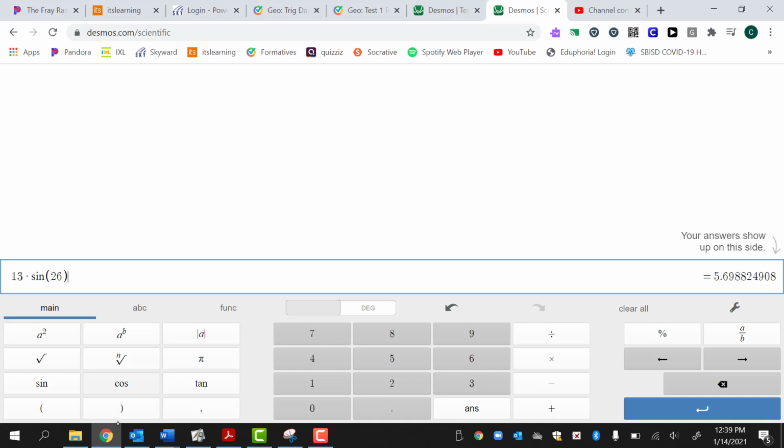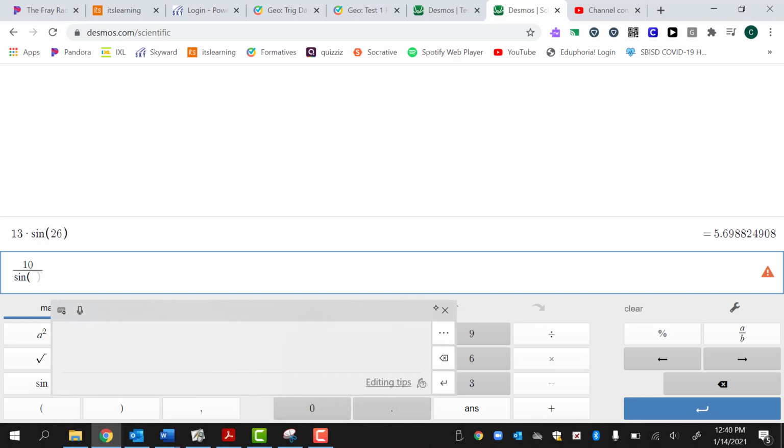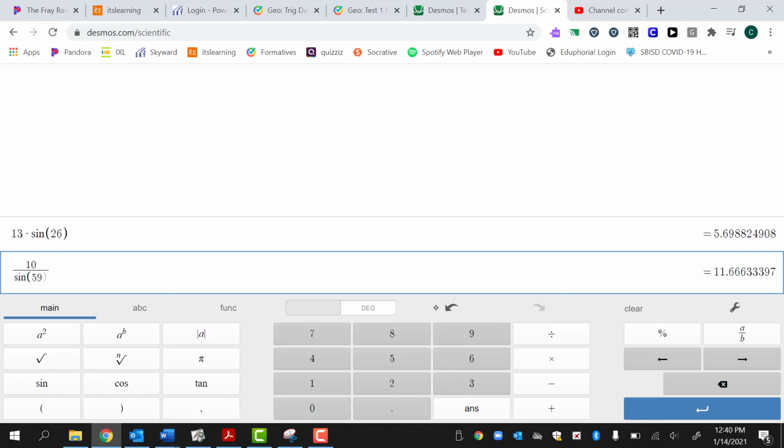So let's look at Desmos. We're going to enter 10 divided by sine 59, was it? 59. Close parentheses. And here's my answer over here, 11.66, and so on. So we know we're going to use the two numbers after the decimal.